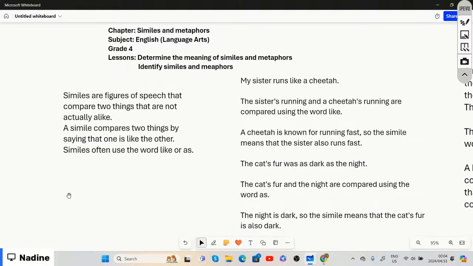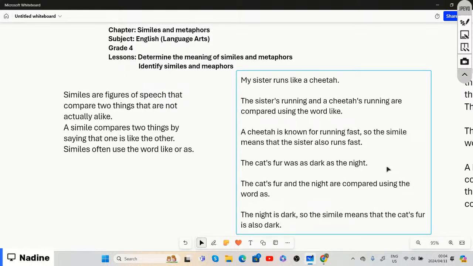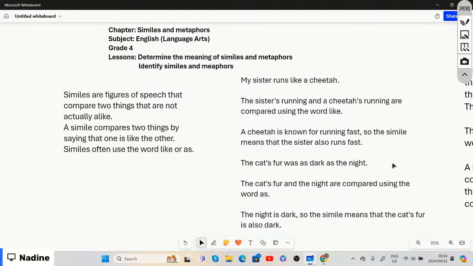All right. So when it comes to the meanings of similes or the meanings of metaphors, we see the simile is a figure of speech that compares two things that are not actually alike.